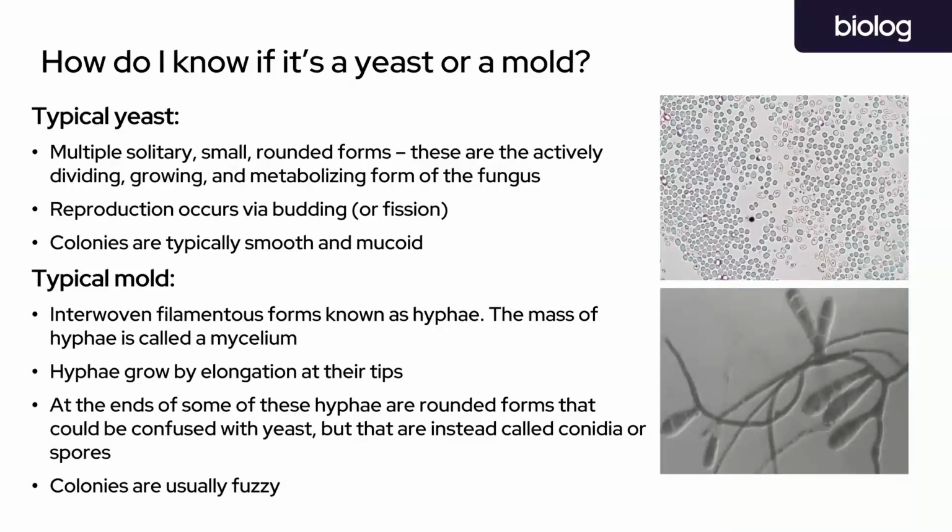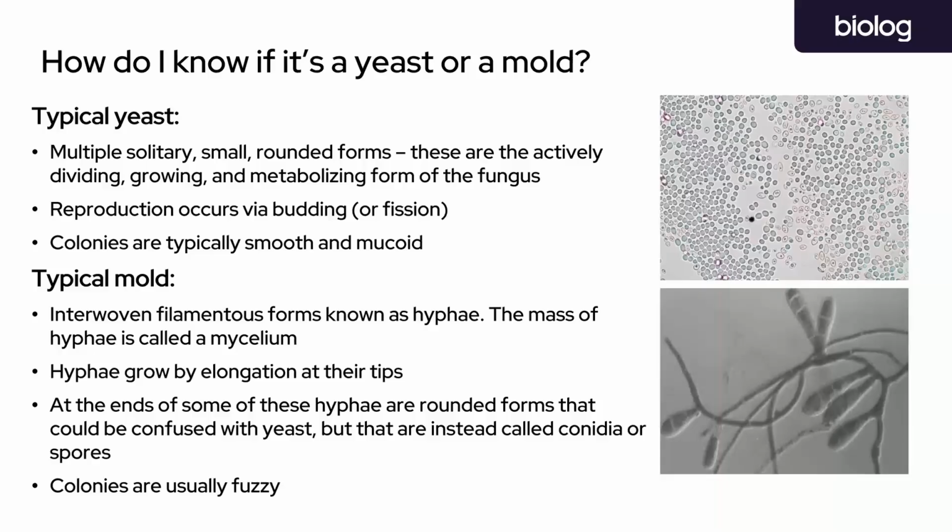Yeast and mold: the definition that we use for yeast is small round budding cells producing smooth or potentially mucoid colonies on the BUI plate, whereas molds are interwoven mats of hyphae with growth at elongation tips instead of budding.